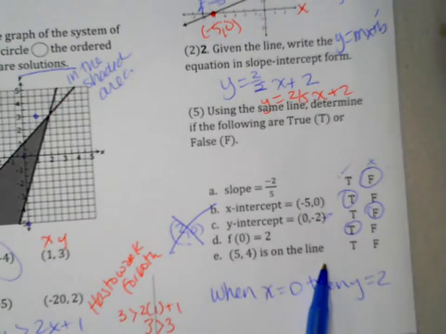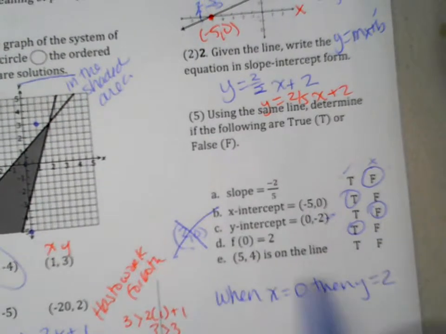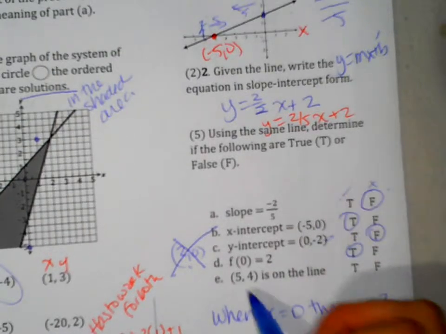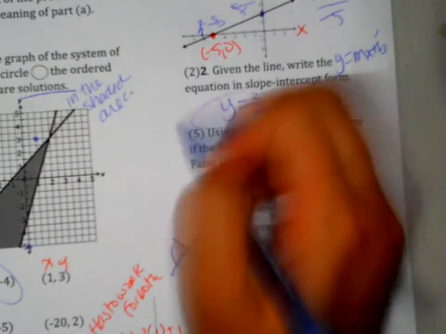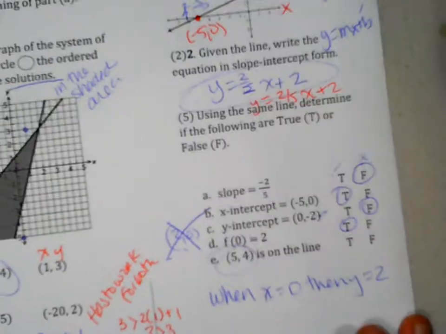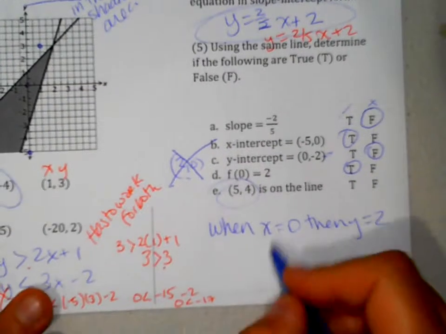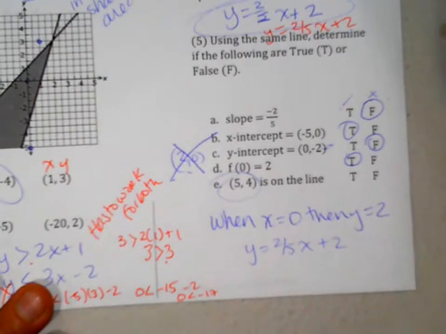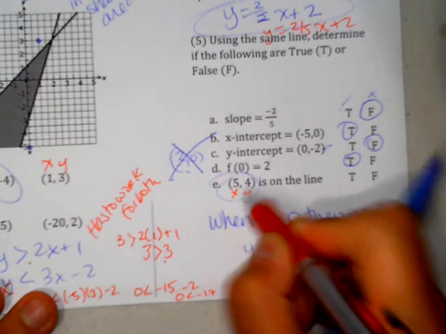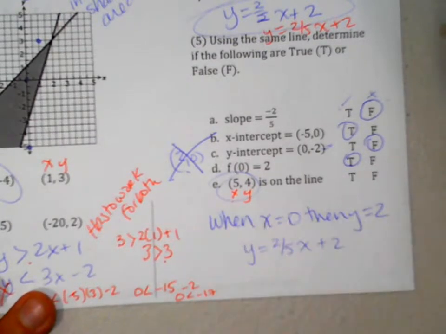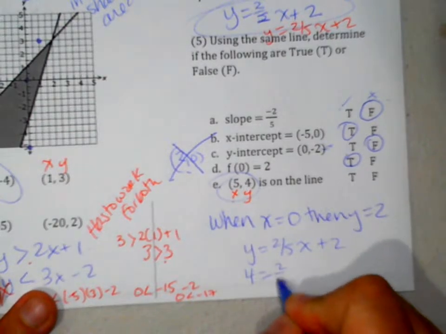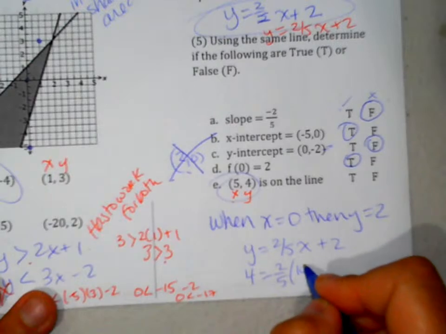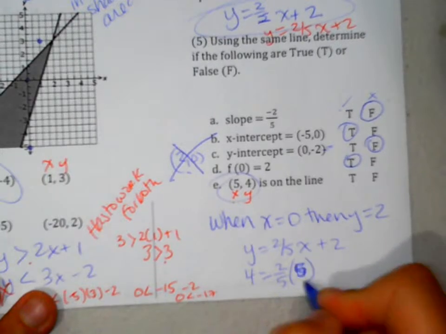And then (5, 4) is on the line. That means you're going to need to plug that into your original equation up here. My original equation was y equals 2/5 x plus 2. And I want to know if (5, 4) is on the line. There's my x and there's my y. So 4 is equal to 2/5 times 5 plus 2.